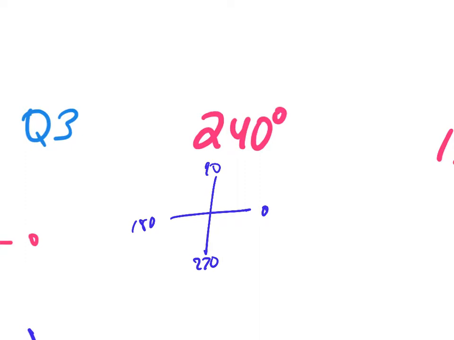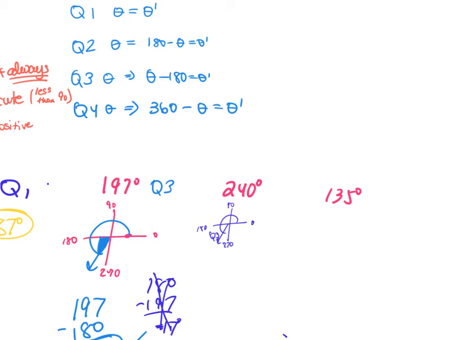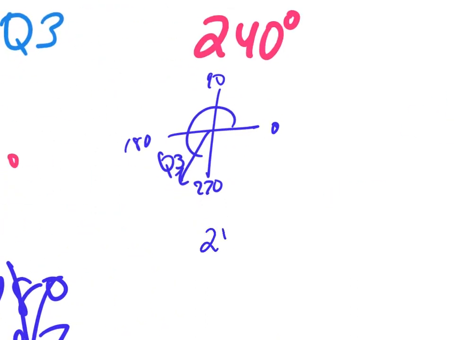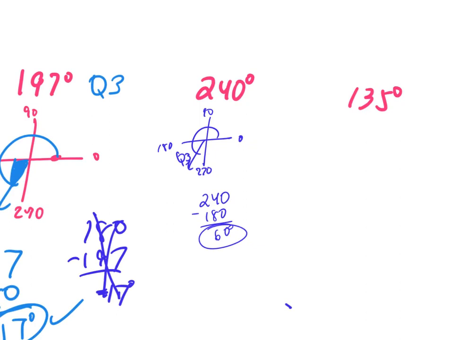Quadrant 3. It's going to be over here in quadrant 3. I don't know exactly where, but it's going to be over there. So what's the rule for quadrant 3? The angle minus 180. So 240 minus 180 is 60 degrees. Check. Is that acute and positive? Yes.